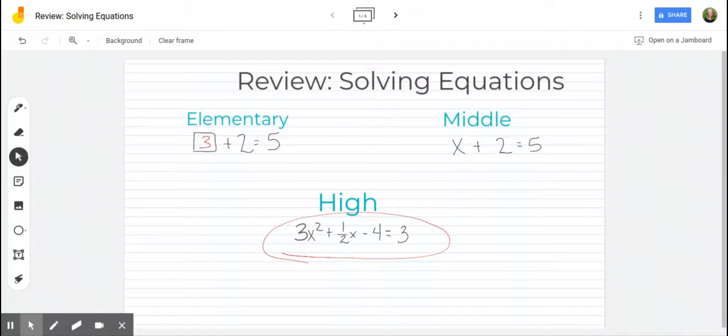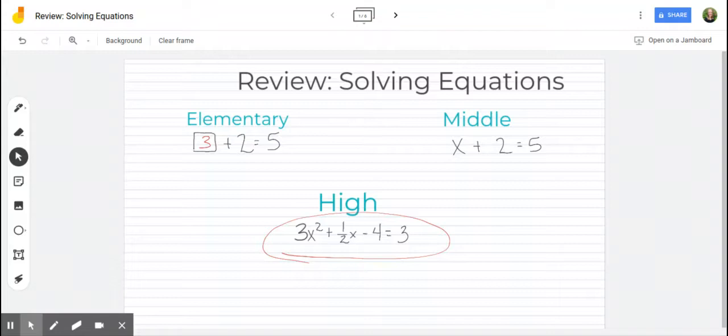The other thing that you need to know to solve for variables and solving for equations is you need to know what an inverse is. So an inverse means opposite, so inverse, opposite. And you need to know the inverse operations from one another. So operations in math are addition, subtraction, multiplication, and division. And you need to know which ones are opposite.